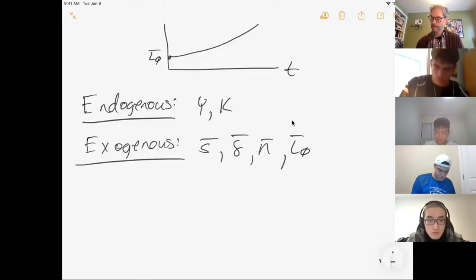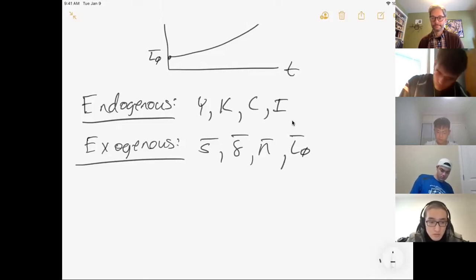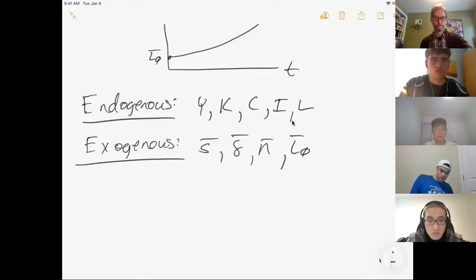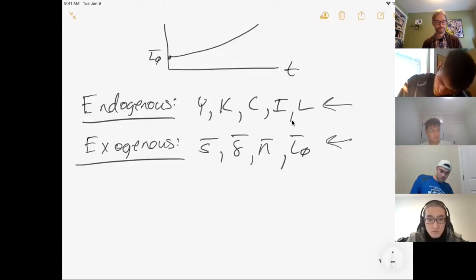Y, K, C, I. Technically, L. So these are the things that our model can help us explain. These are the things that our model is not really explaining, but they say they're important.